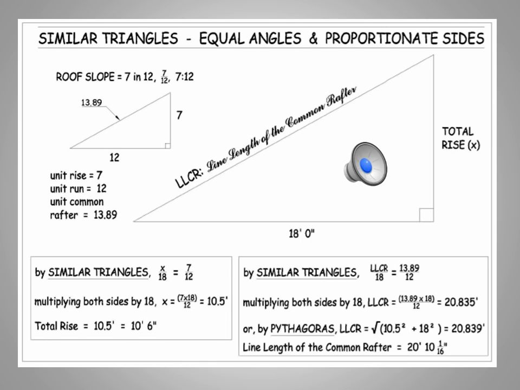But when we convert this to feet and inches, we'll see that the difference is negligible. The total line length of the common rafter is going to be 20 feet, 10 and a 16th inches. If we were to use the similar triangle number, we would simply get 10 and a 32nd inches, so it's negligible.